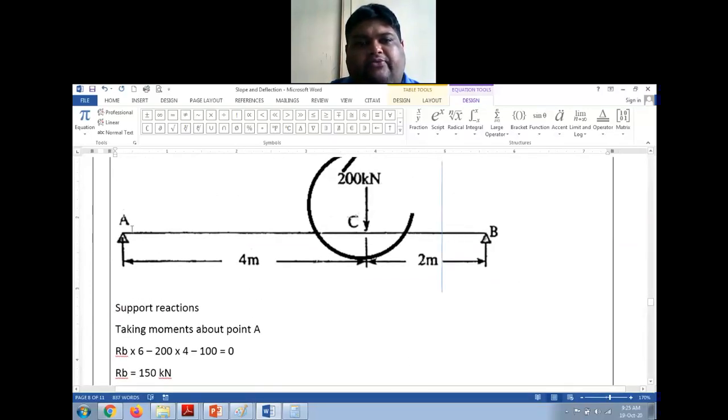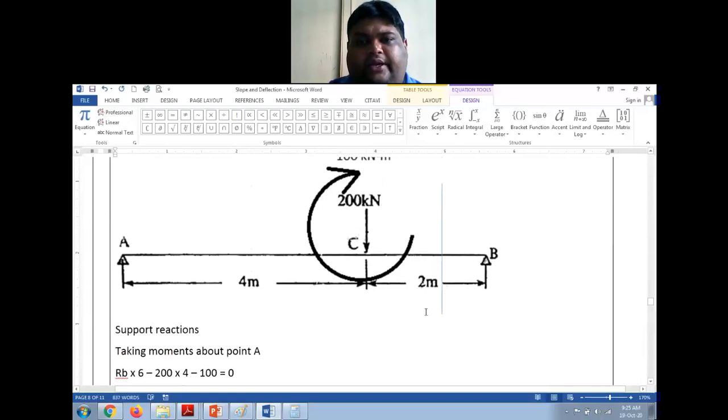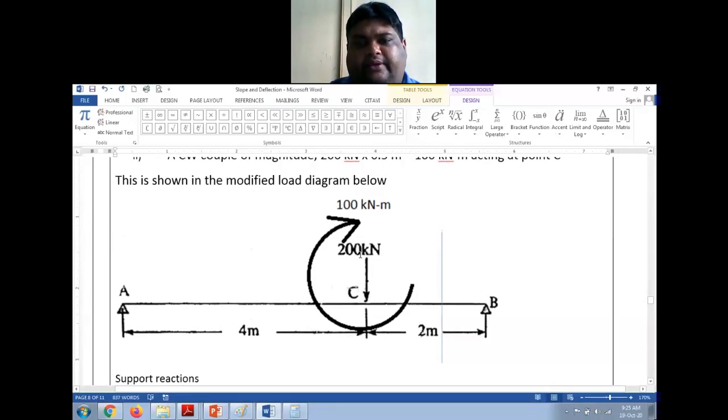So let us start from here. So it is RA into X, and RA is 50, 50X, right? And other things will be negative. Now this will be negative and this will also be negative. No, this will be positive.